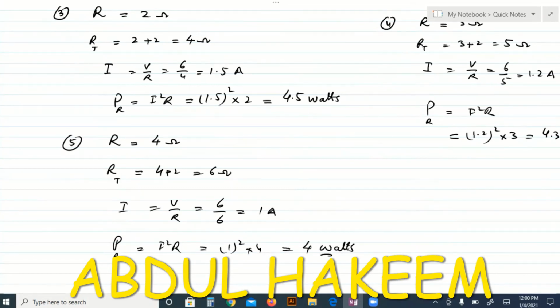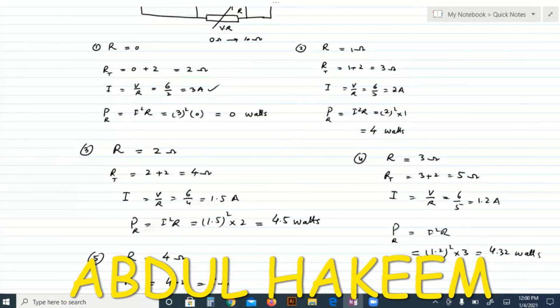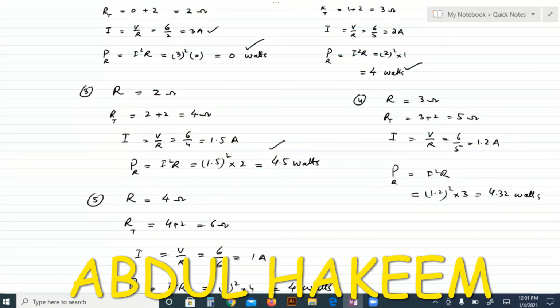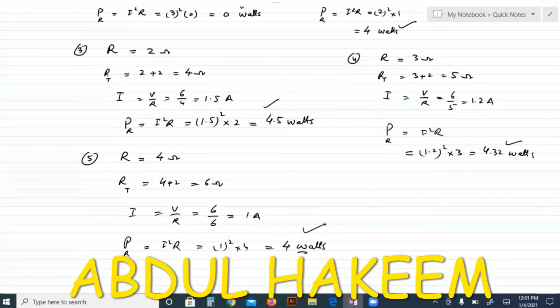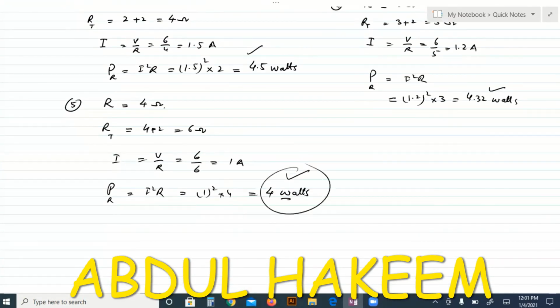Now look at this. Initially power is 0, then 4, then 4.5, then starts decreasing, 4.3, then 4. Look, two values of the power, 4, for different resistances.